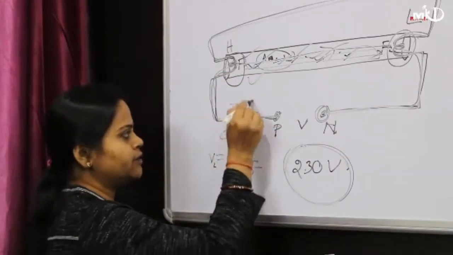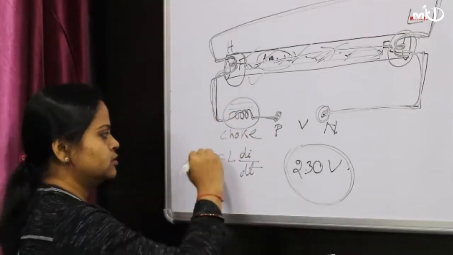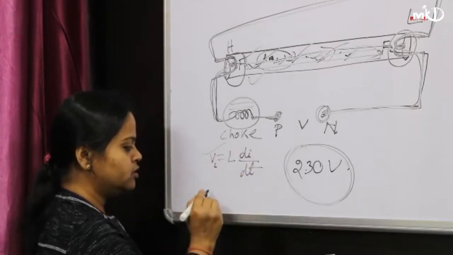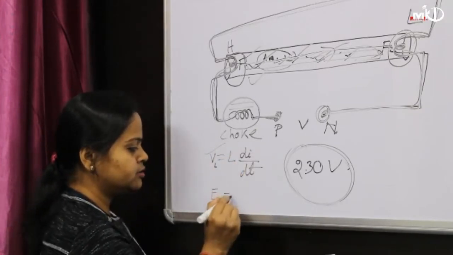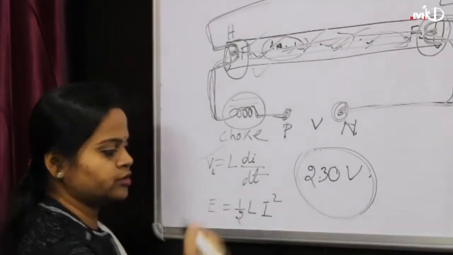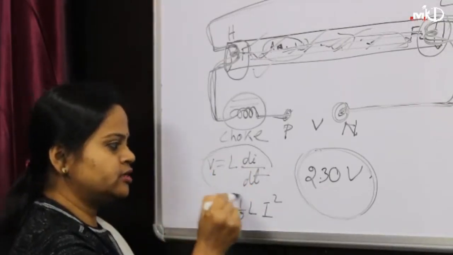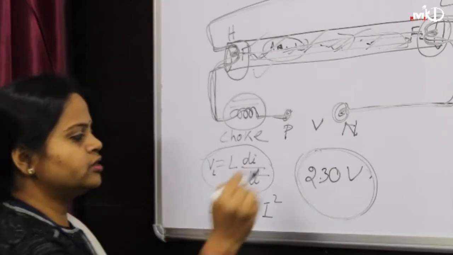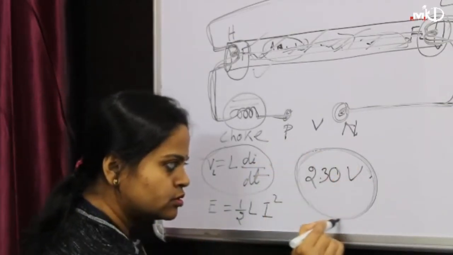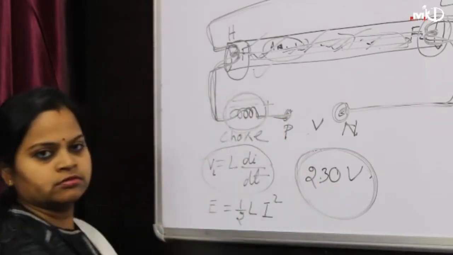At that time, this choke stores some energy, which is half L I square. Again, when we go to the second cycle, the 230 volt is there plus this voltage.